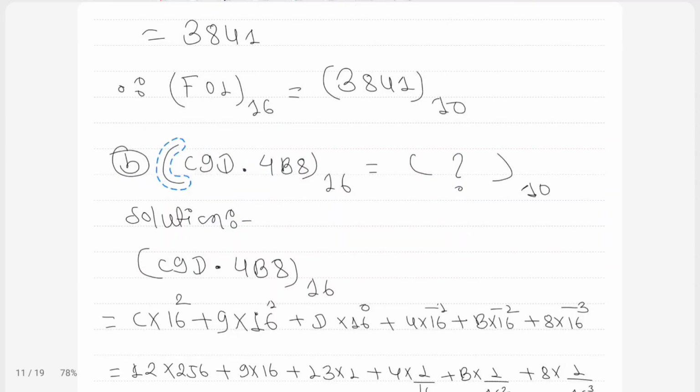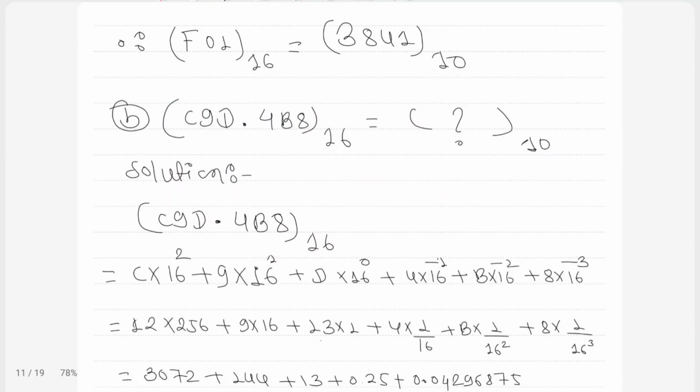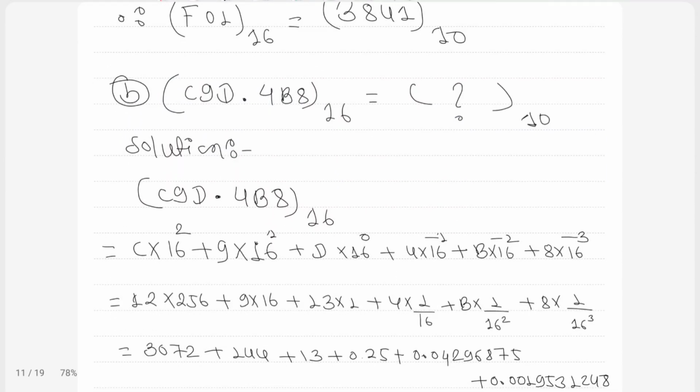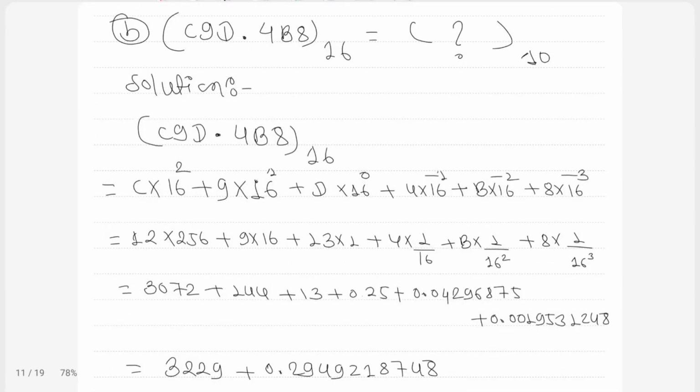Integer part and fractional part are also similar to the other conversions, binary to decimal and octal to decimal, in both integer and fractional parts. So for the integer part, we multiply by 16 and raise the power from right to left.